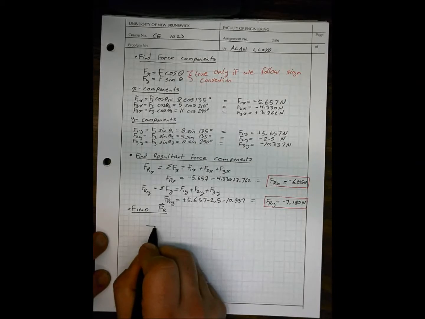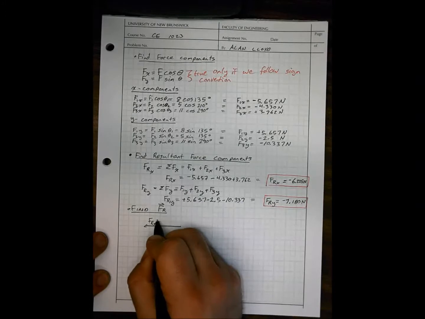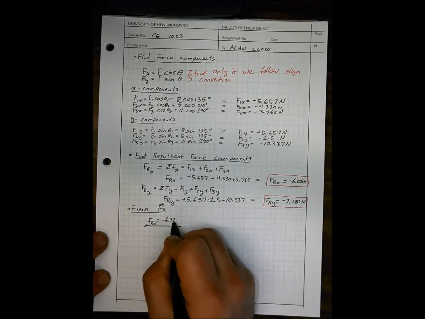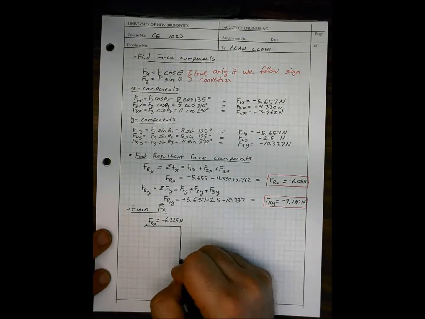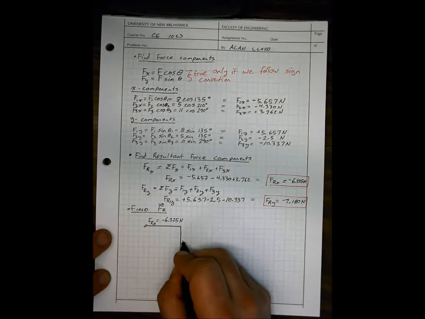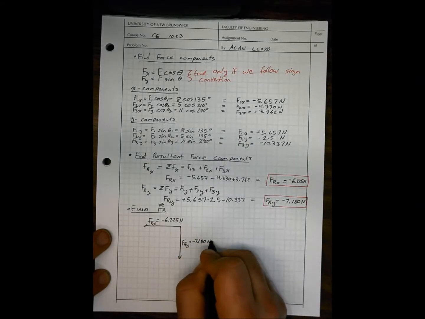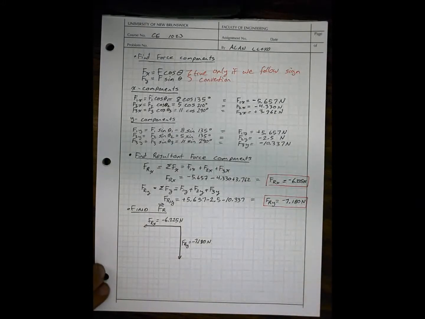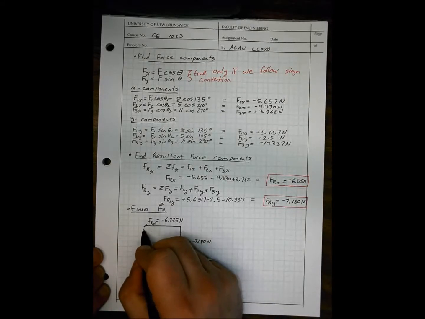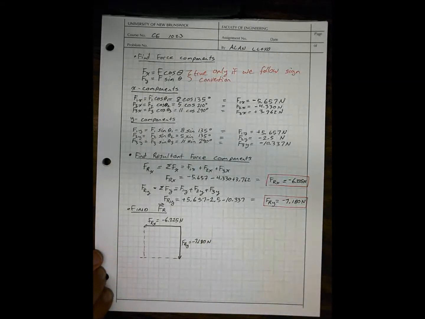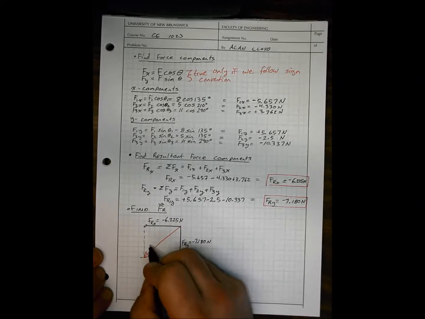We have a negative FRx is equal to minus 6.225 newtons, and FRy is equal to minus 7.180 newtons. So if we use our knowledge of vector addition, or really just Pythagorean theorem here, we can find Fr.